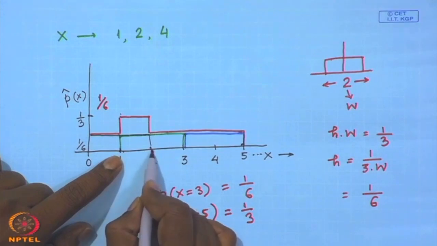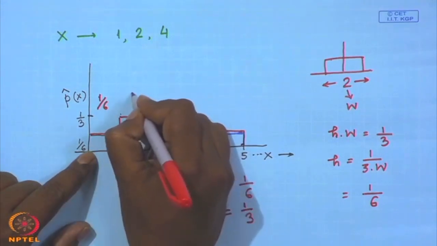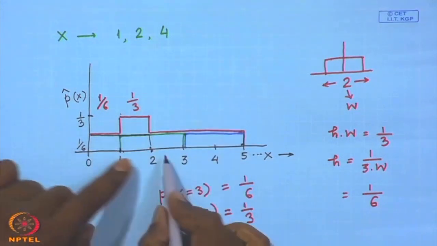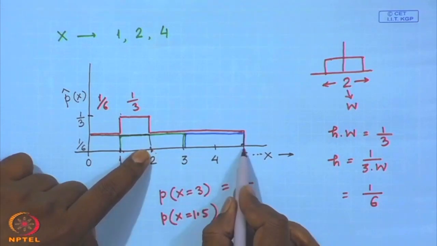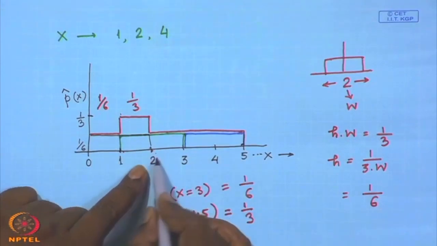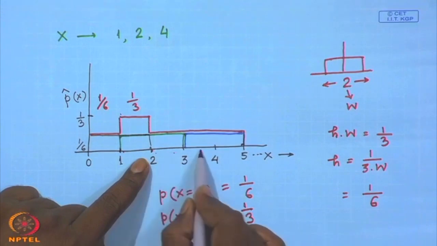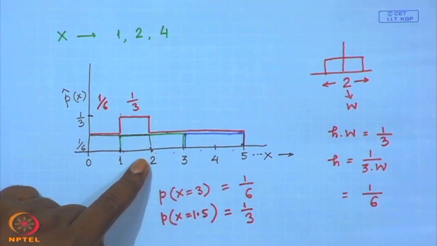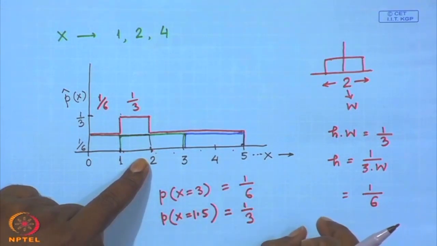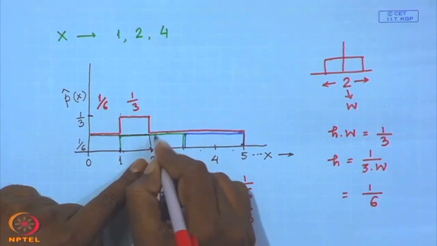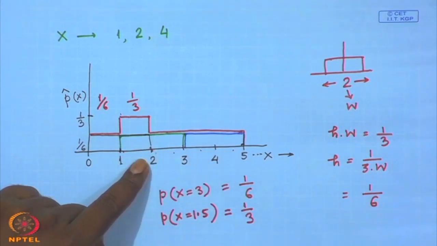From here to here the area is 1 upon 3, and from here to here the area is, I have 1, 2, 3 different segments of length 1, each having a height of 1 upon 6.